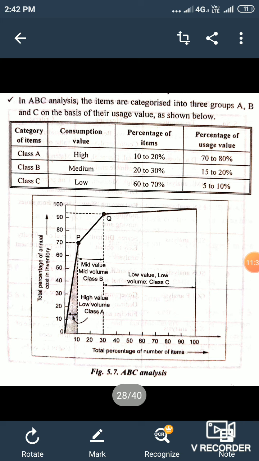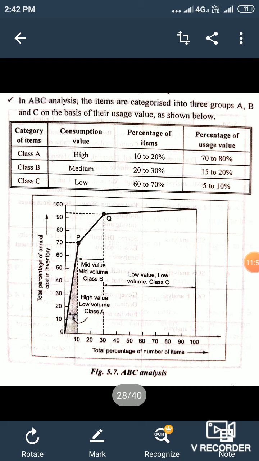Now we can see that a graph is plotted by taking total percentage of number of items as x-axis and total percentage of annual cost in inventory as y-axis.